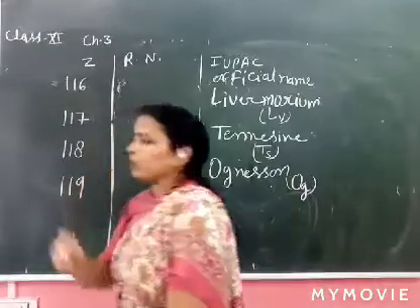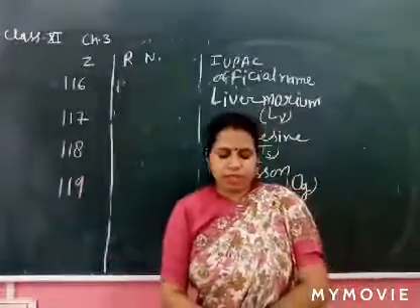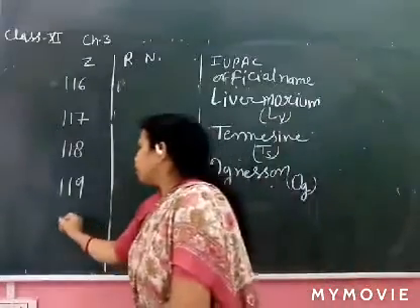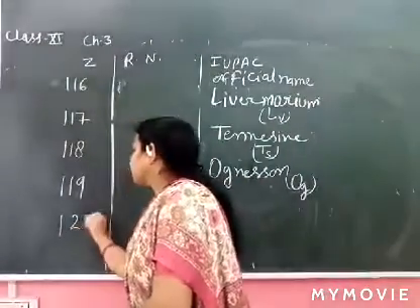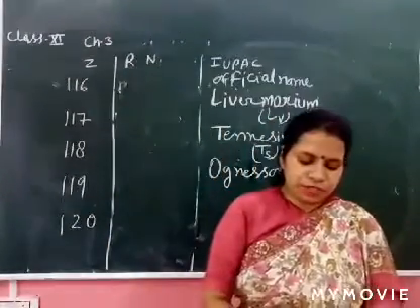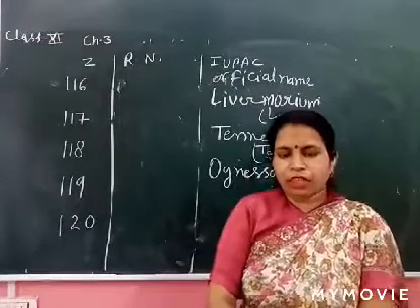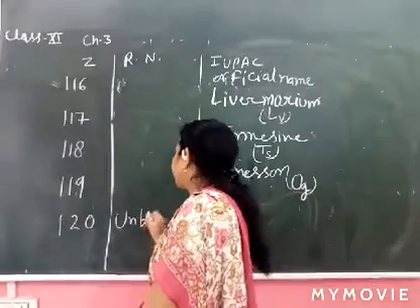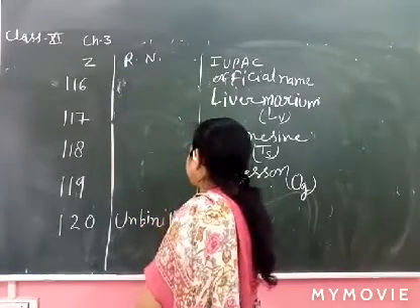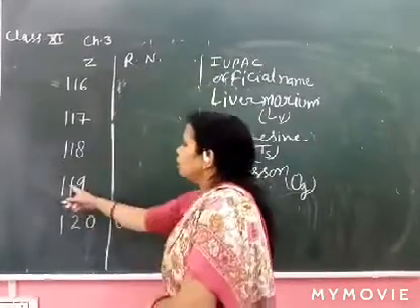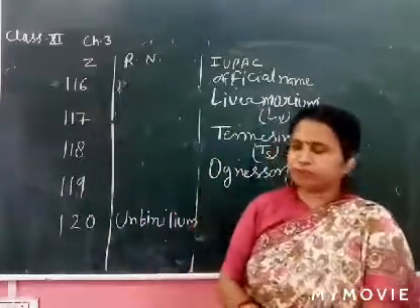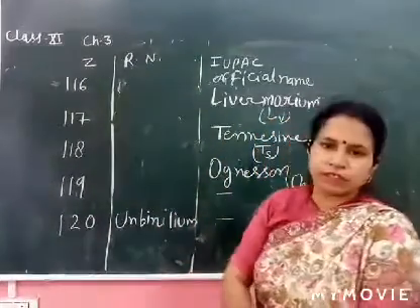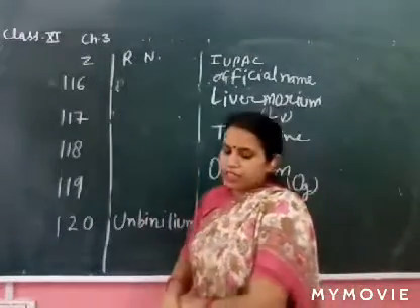Next is 119, Ununennium. And 120 is Unbinilium. There is no name given yet. So it's clear to all of you.